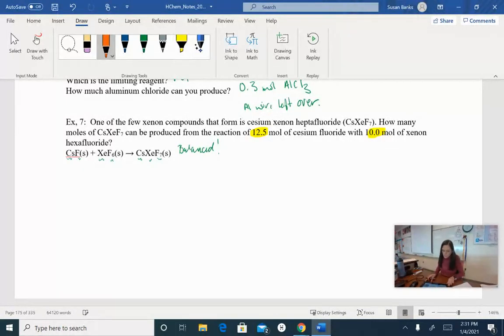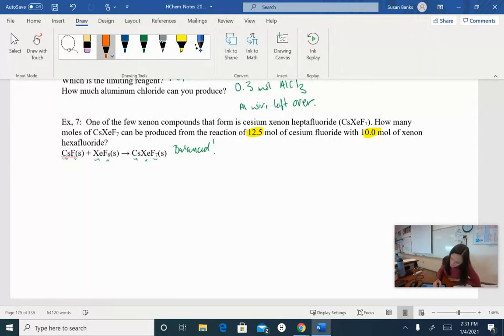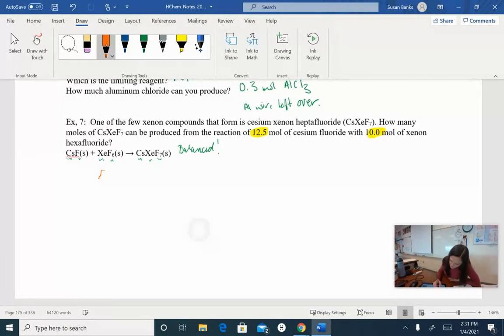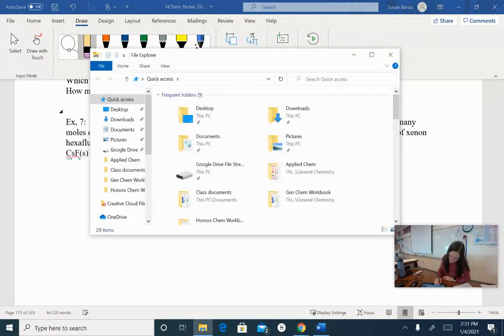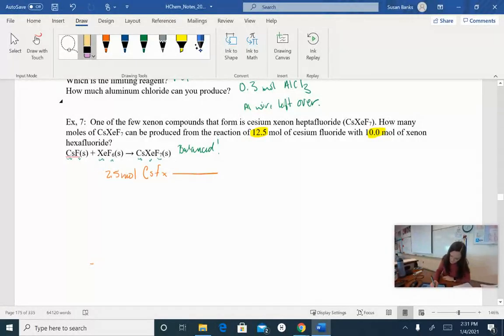So here we go. You probably have a pretty good idea already. So if I start off with 12.5 moles of cesium fluoride, we're going to grab our coefficients here. So I have 1 cesium fluoride making 1 cesium xenon heptafluoride.